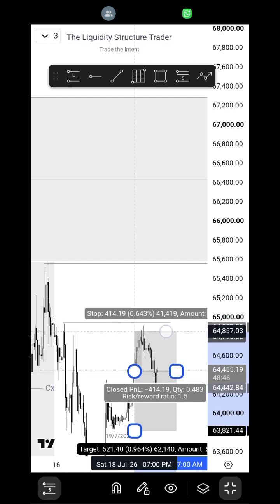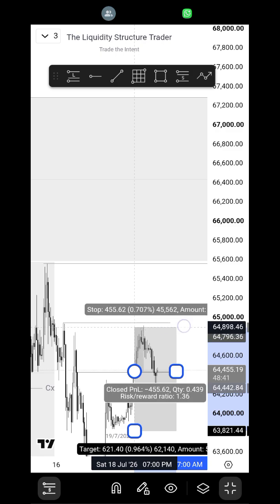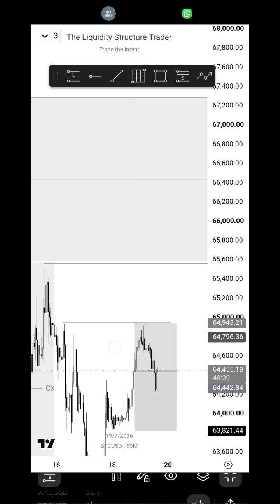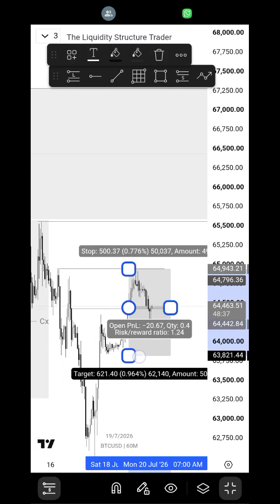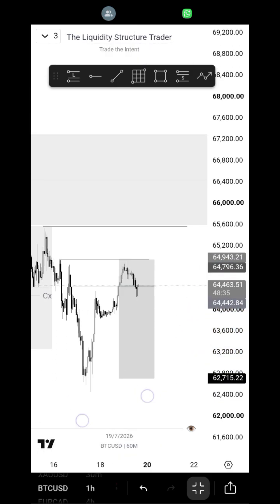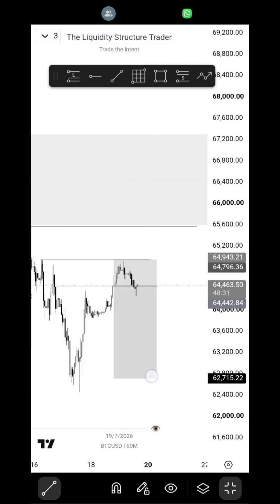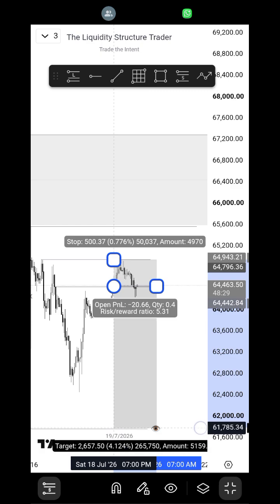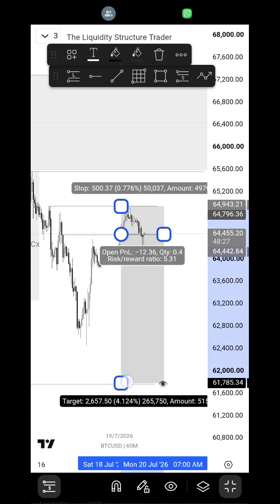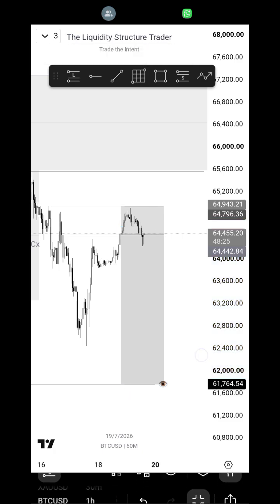Initially my stop loss was here, but I added some buffer to it, so I got my stop loss here, and I am targeting the 4-hour draw on liquidity, which is here. So this is a 1 to 5 RR.